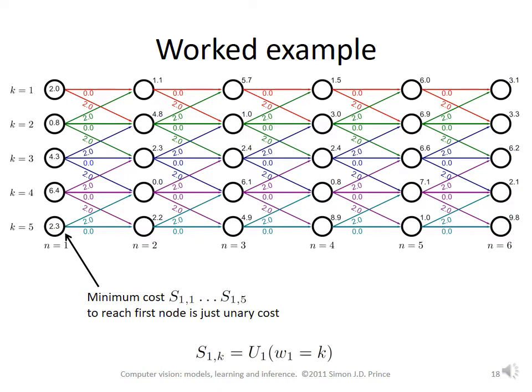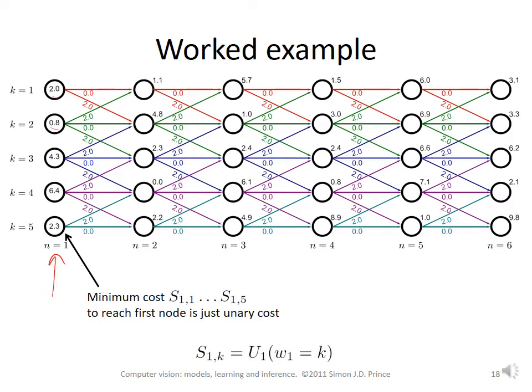So we start off by looking at that first column, W1, and for each of these circles we're going to fill in what is the unary cost of reaching that point. We only have to fill in the unary cost because there was no other cost of getting here. So in this case, we just copy in the unary costs, 2.0, 0.8, and so on. Now we're going to work our way to the right.